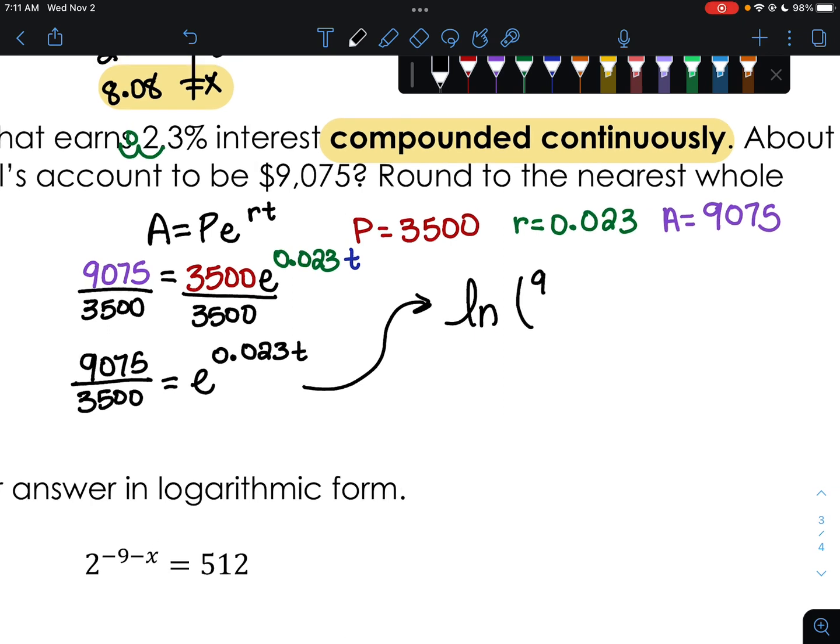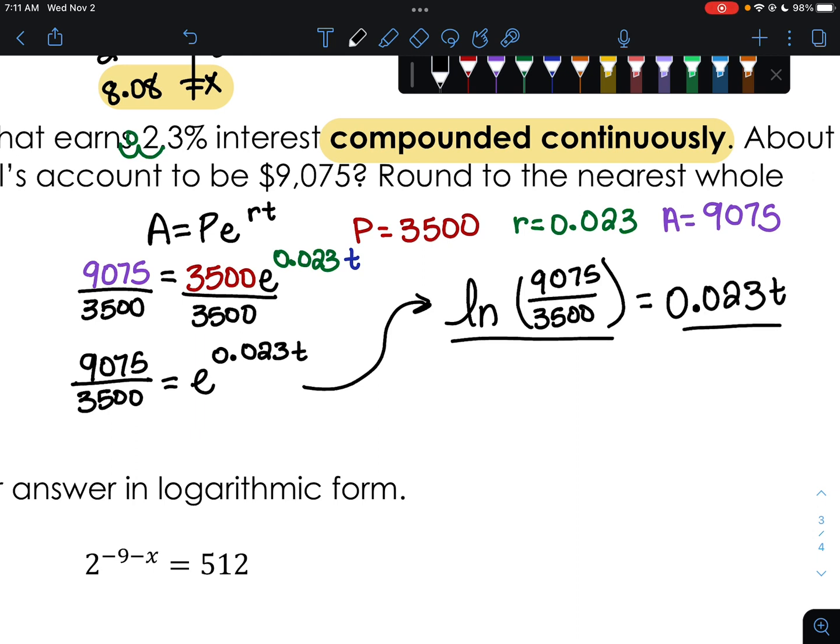So $9,075 divided by $3,500. And we set it equal to the exponent 0.023 times t. Then I divide both sides by 0.023 to get t by itself.